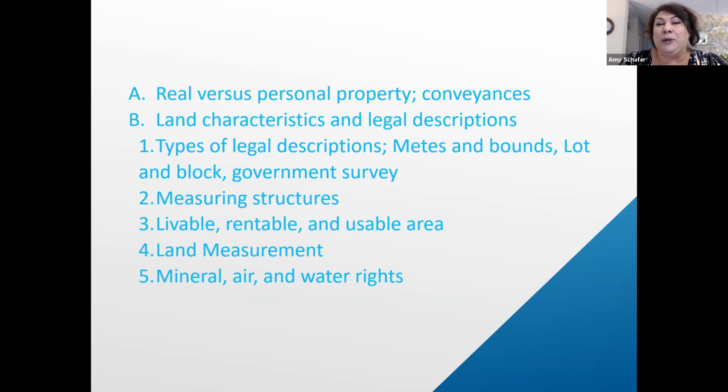The first one is real versus personal property. So I would definitely know terms such as fixture, which is something that is personal property that has become so attached to the property that it now legally stays and becomes a fixture. The other one I would absolutely know is a trade fixture.